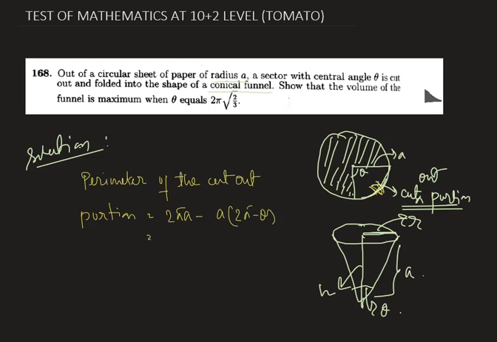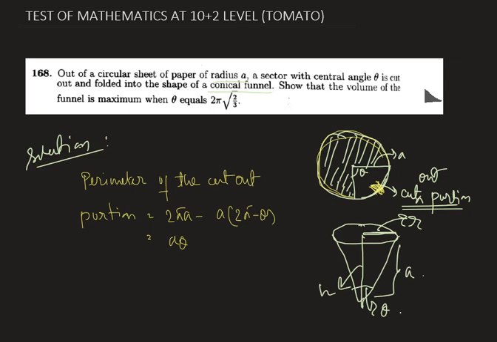If we subtract a into 2 pi minus theta, that is the perimeter of this portion, from the whole perimeter, we get our required perimeter, and this results in a theta.